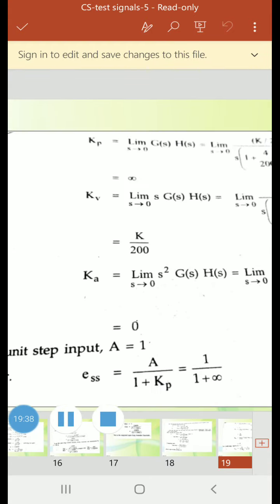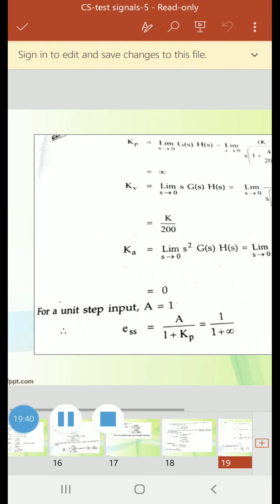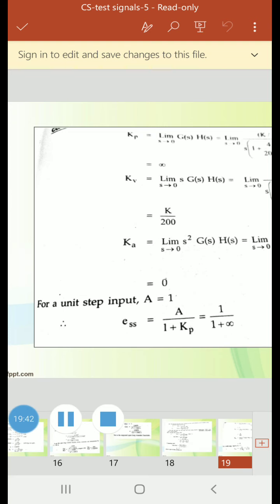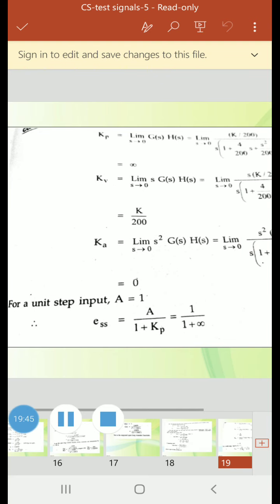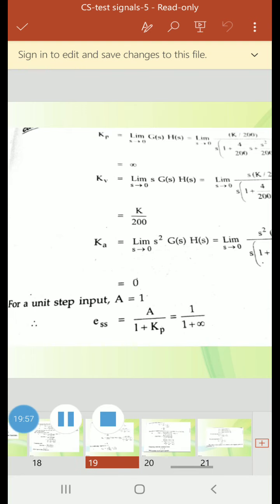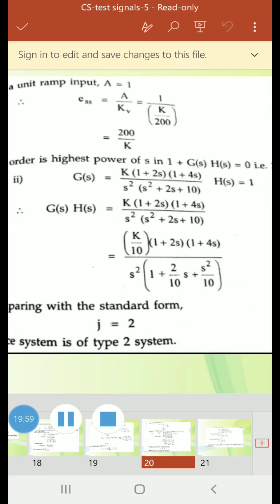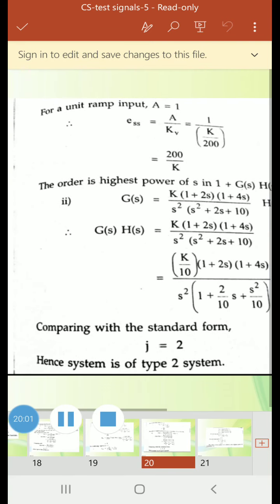For a unit step input, A is equal to 1. Due to that, ESS is equal to A divided by 1 plus Kp, which is equal to 1 divided by 1 plus infinity. For a unit ramp input, A is equal to 1.